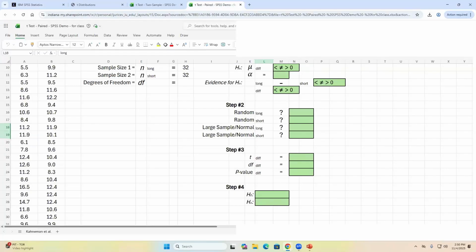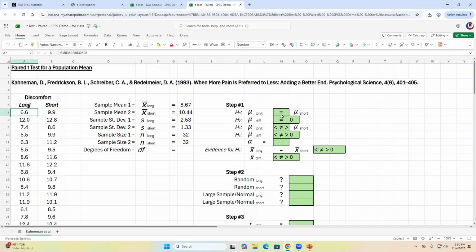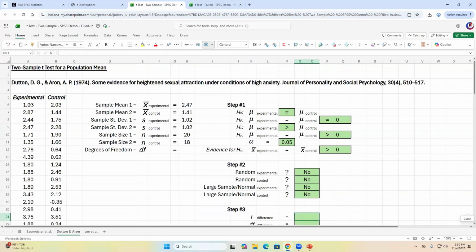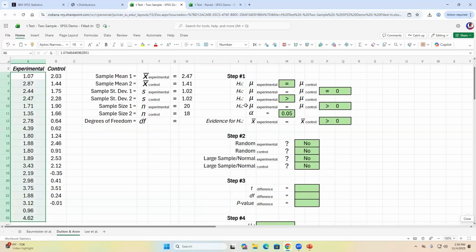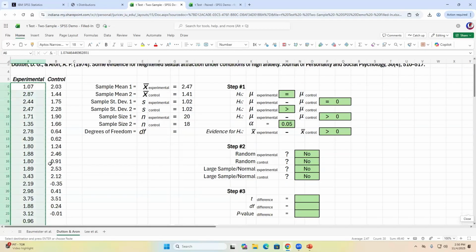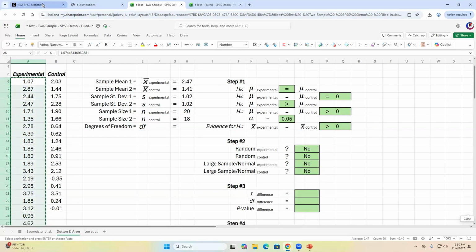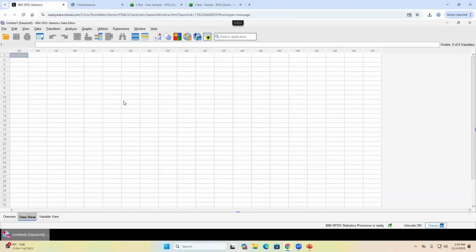So what we're going to do first is take our scores here for the experimental and the control groups. These are their sexual imagery scores, and we need to transfer them into SPSS. So we are going to copy the entire set of experimental scores, and then we go over to SPSS, and we're going to paste those in.